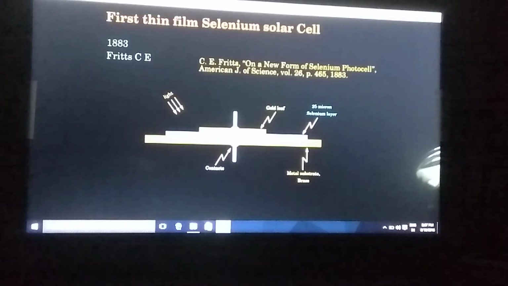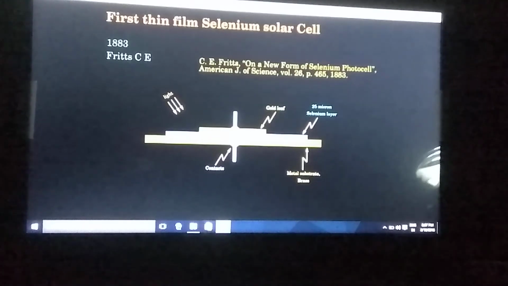The Fritts thin film selenium solar cell, even though it was demonstrated and performed well, the researchers were skeptical about it. Even though the experiments were reproducible and repeatable, they were not clear about the theory.